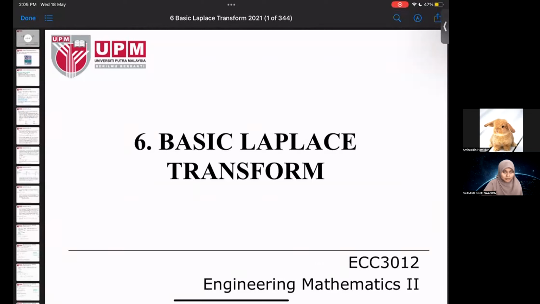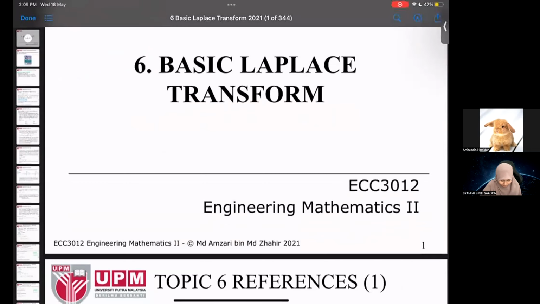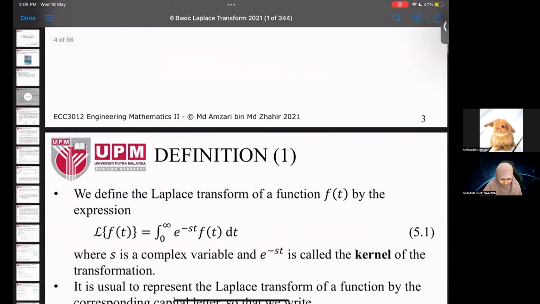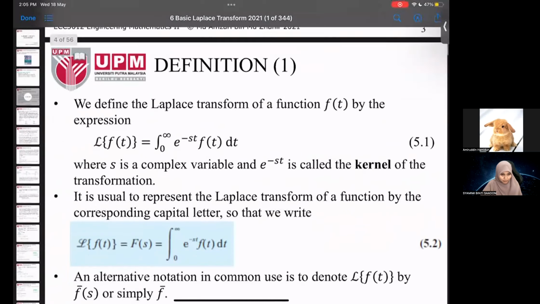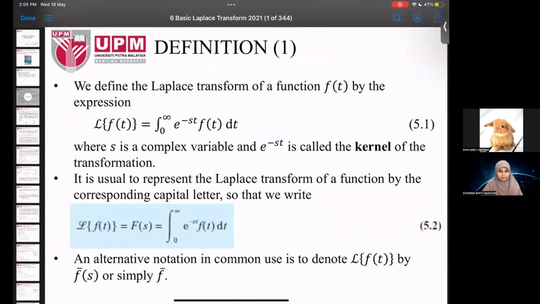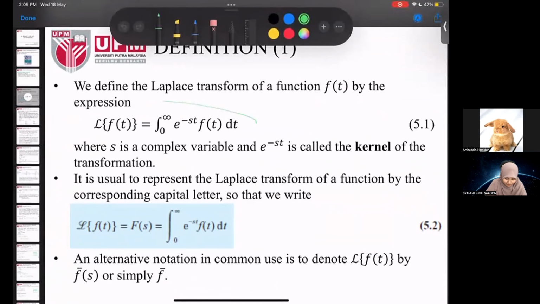Okay, so let's start. I'm going to explain a bit about the basic Laplace transform. If you already know, we define the Laplace transform in this way. It's like a function in integral form.